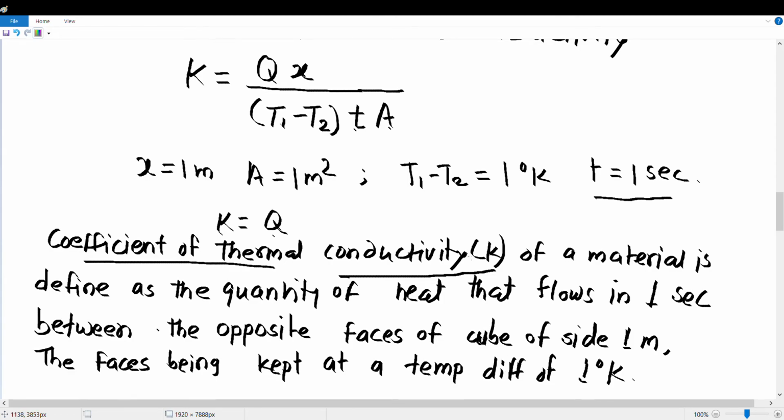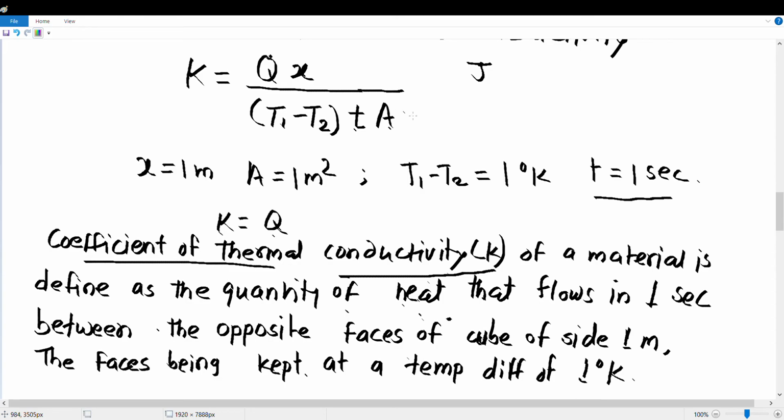Now let us see the SI unit of this thermal conductivity. The SI unit of Q is joule. This X is in meter and this area is in meter square.